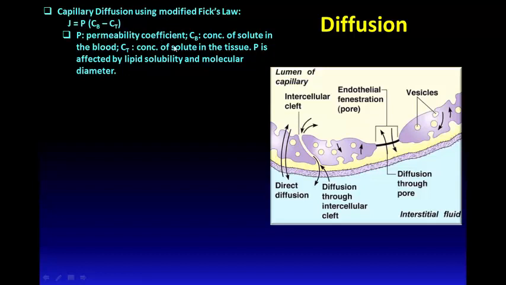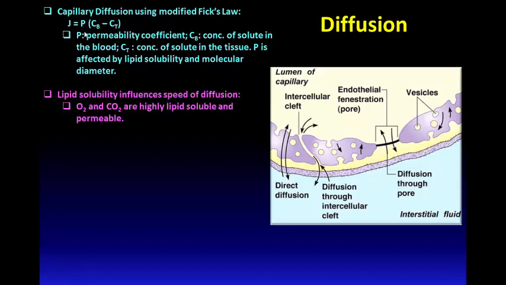Cb is the concentration of the solute in the blood, and Ct is the concentration of the solute in the tissue. The permeability coefficient is affected by the lipid solubility and the molecular diameter of the solute. Hence, lipid solubility influences speed of diffusion. Since oxygen and carbon dioxide are highly lipid soluble, they have high permeability.